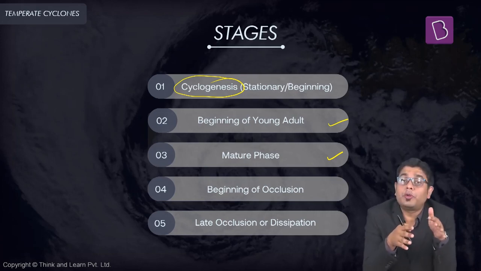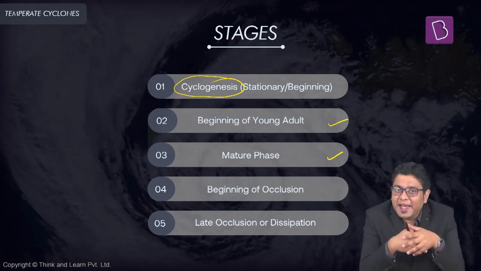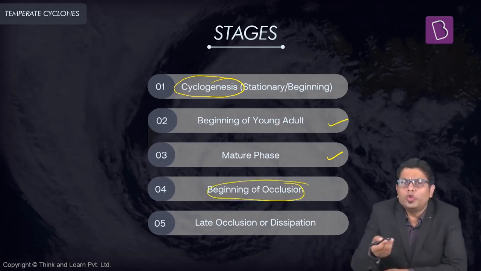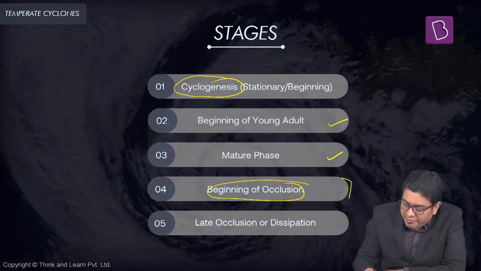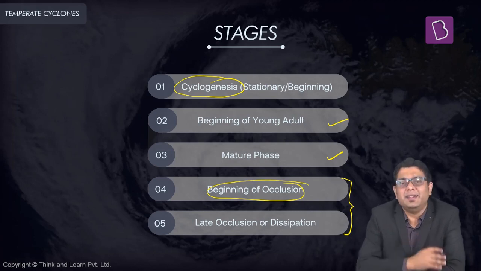And we have seen about the formation of an occluded front earlier. So that is why the next stage is referred to as the beginning of occlusion. Occlusion means what? To close down. So the fourth and the fifth stages are when the cyclone eventually dies.